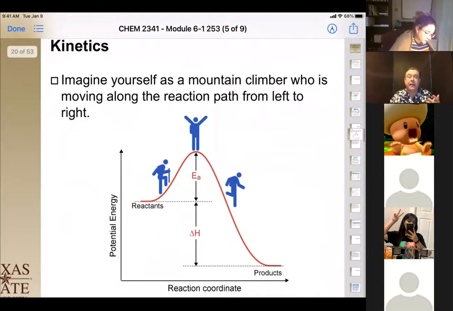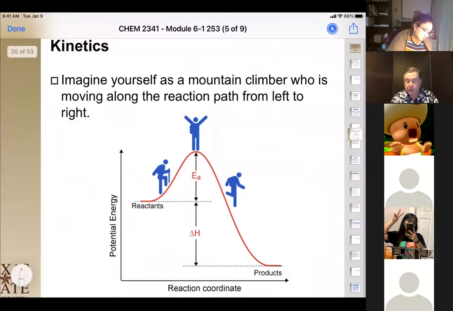And the way we look at that is, if you are starting from a certain amount of potential energy and you're hiking up a mountain, you're going to do it very slowly. You're going to take all this energy to get to the top. Once you get to the top, well, this guy's celebrating, but that's probably what I do too. Now it's easy to go down the hill and get down to the products of the reaction. Okay.